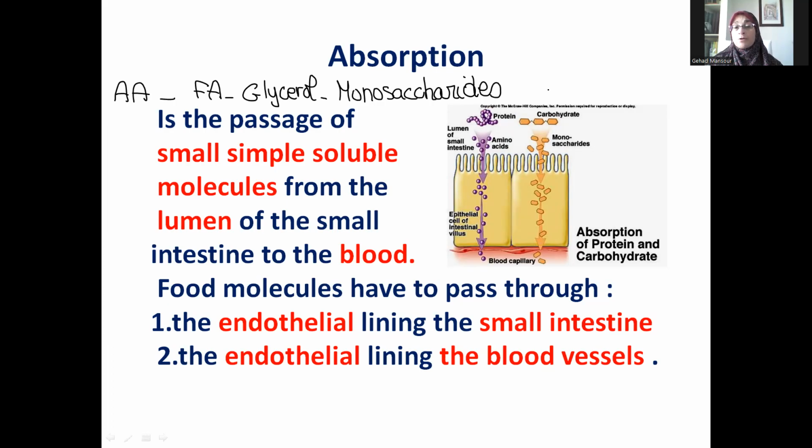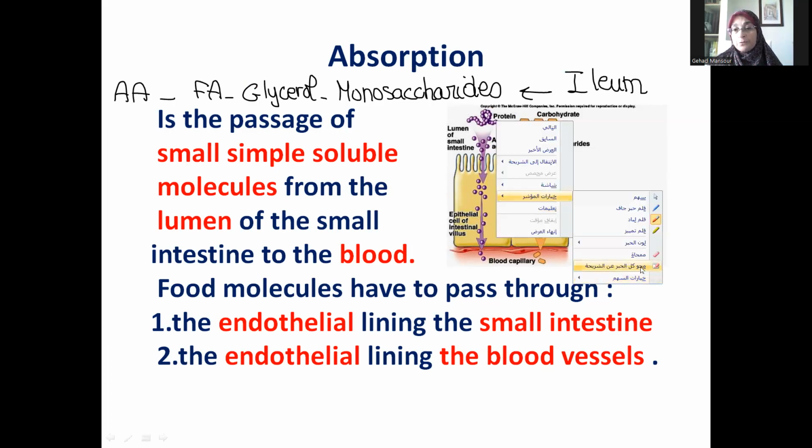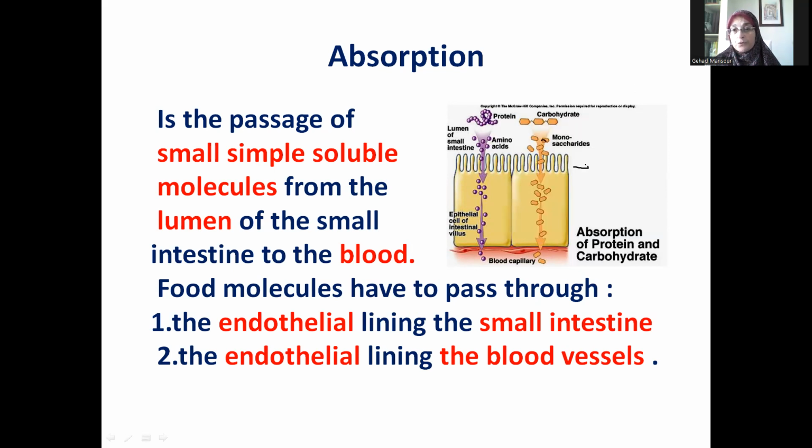So where do we get all these final products of digestion? We get them in the ileum, which is the terminal part of the small intestine. And now we're going to see how the endothelium, or the cells lining the cavity of the small intestine, are well adapted to carry out their function. If you look at this border, we call it a brush border. It looks like a brush.